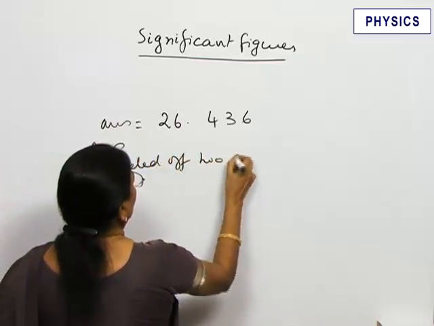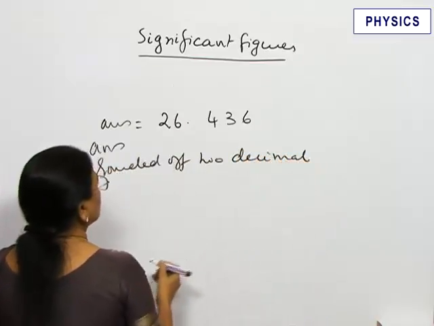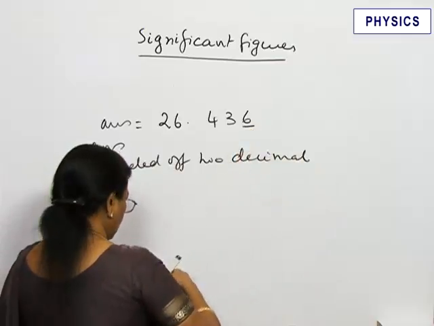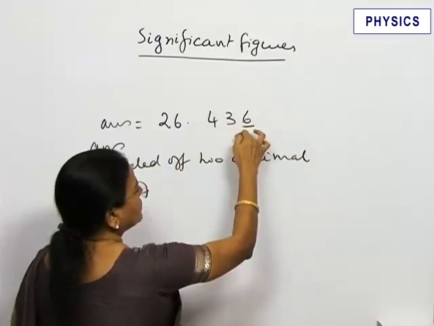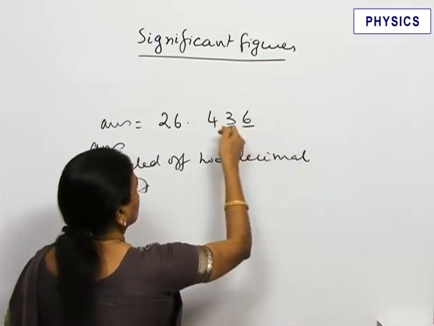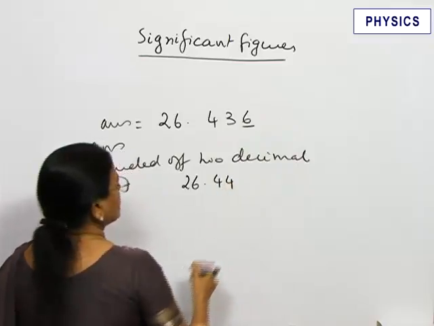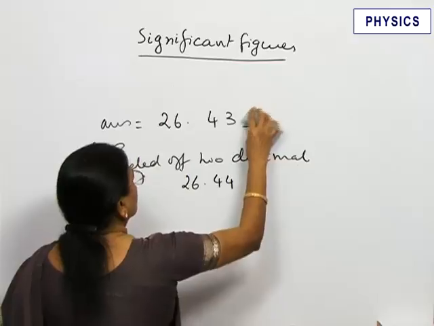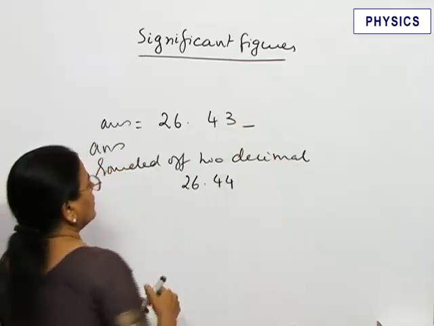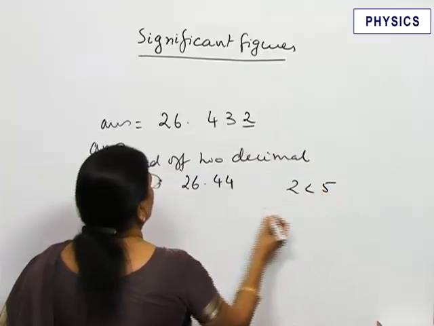to 2 decimal points. Suppose somebody tells you to round off to 2 decimal points, what will you do? You have to see the digit we are going to omit, that is this number 6. 6 is greater than 5, therefore we round off this answer as 26.44. Suppose here instead of 6 we had 2, then 2 is less than 5.